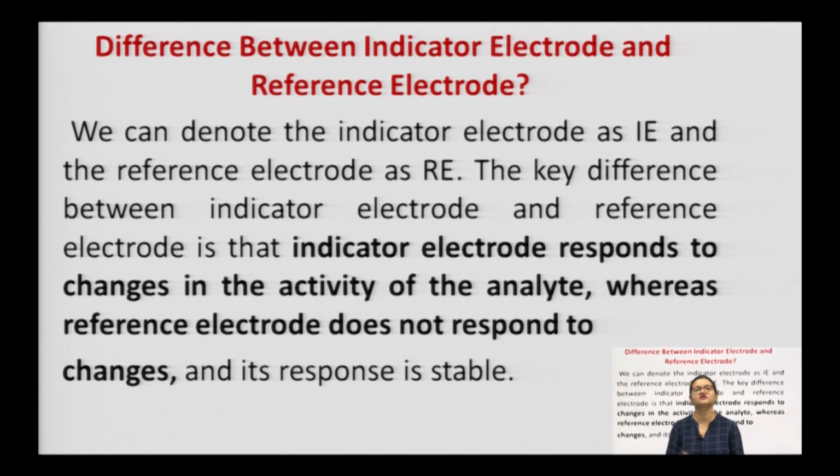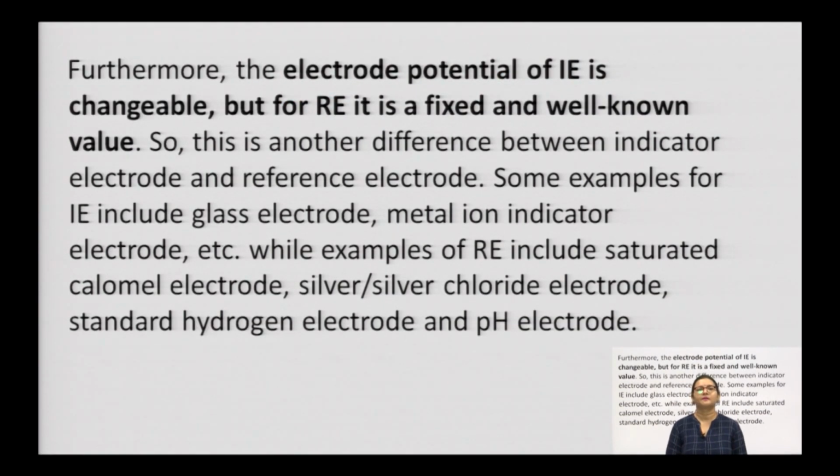Indicator electrode responds well to the activity or concentration of analyte, or the number of ions or number of analytes, the concentration of analyte which is to be determined. Also, the reference electrode potential is predetermined, is constant and insensitive, and is well known.